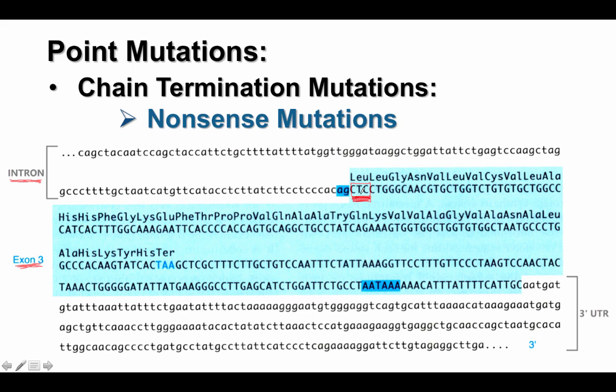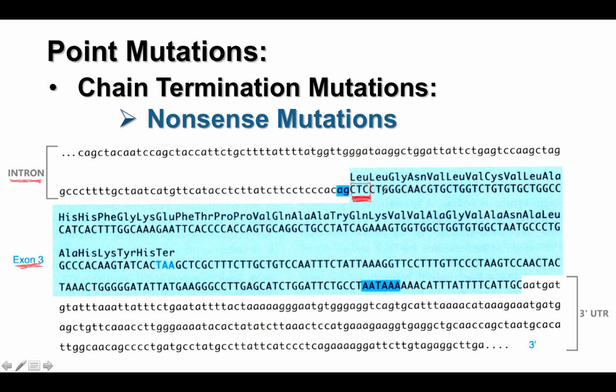So right here, what I've just highlighted, CTC, is the part of the gene that corresponds with the codon, which will actually read CUC because we don't have thymine in RNA. We have uracil instead. We'll read as CUC in the messenger RNA transcript, and this corresponds with the amino acid leucine.